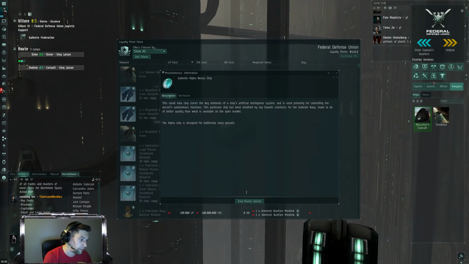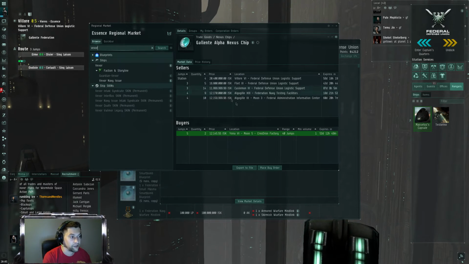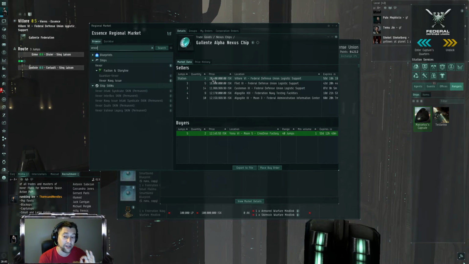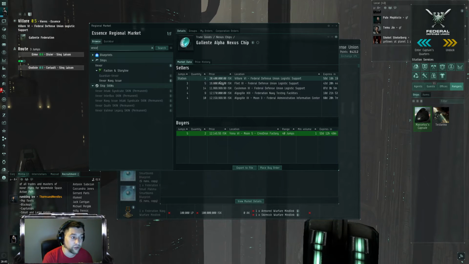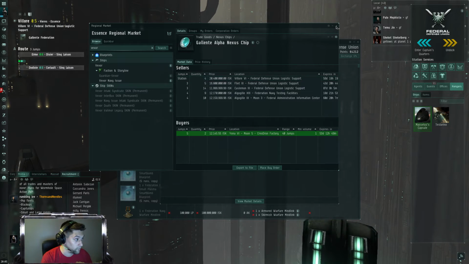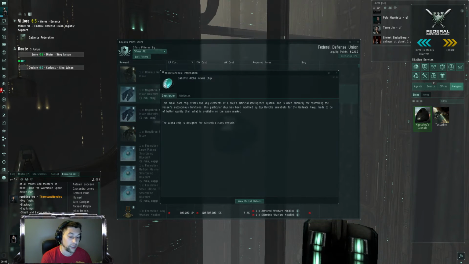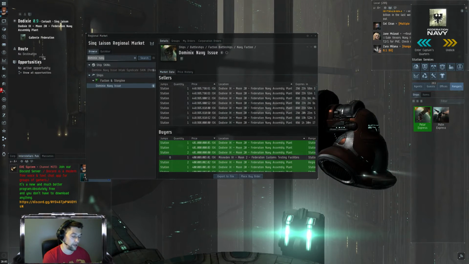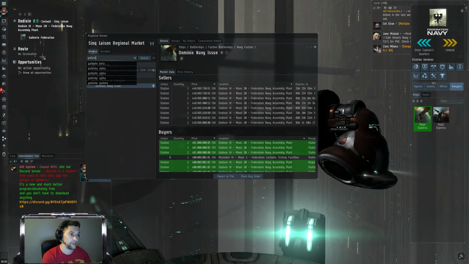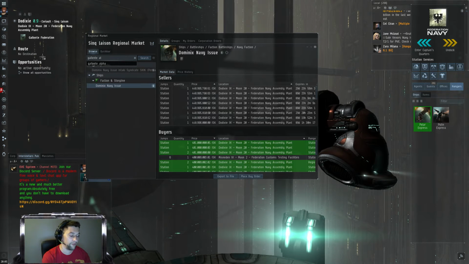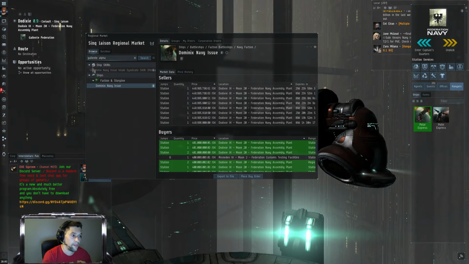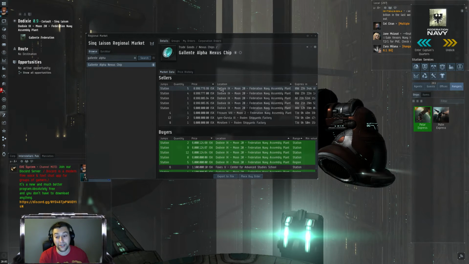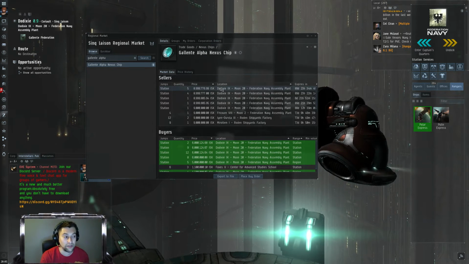Now, if you check the price in this station, one of those chips sells for 20 million each. If we take a look in Doe Dixie and put in Gallente Alpha and check this chip, it is 9 million. You can buy one of those chips for 9 million.